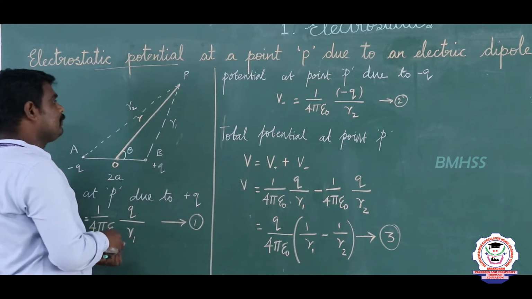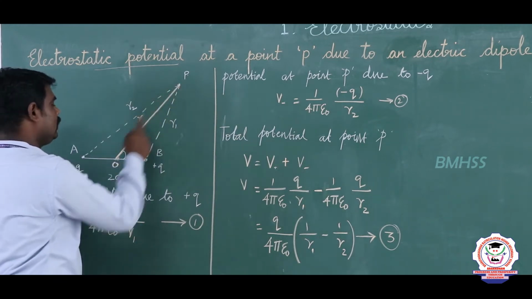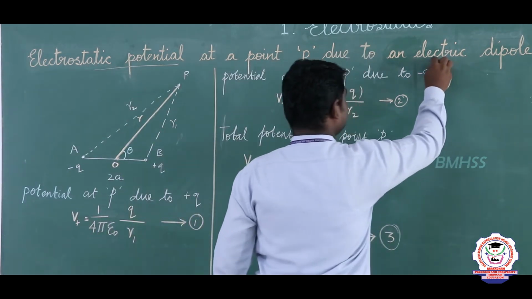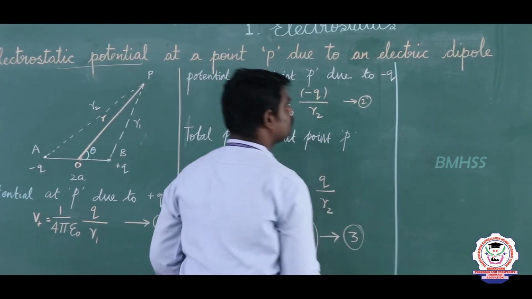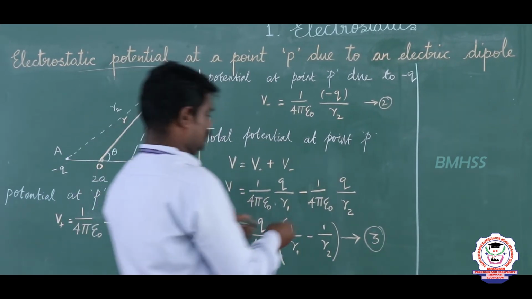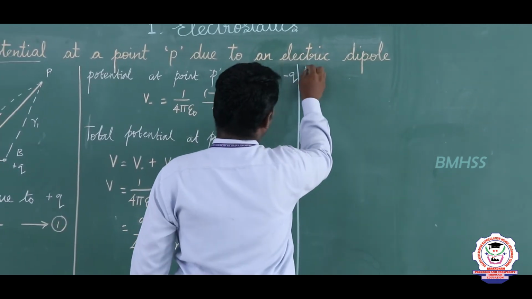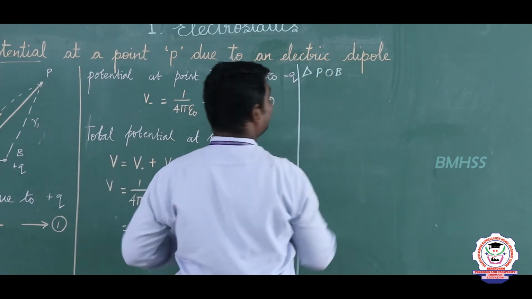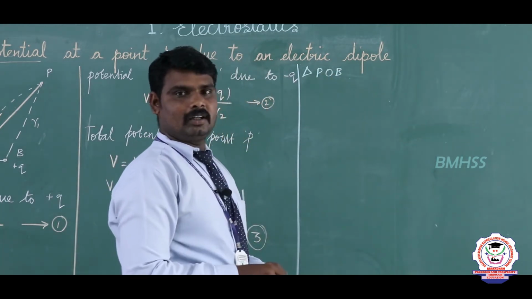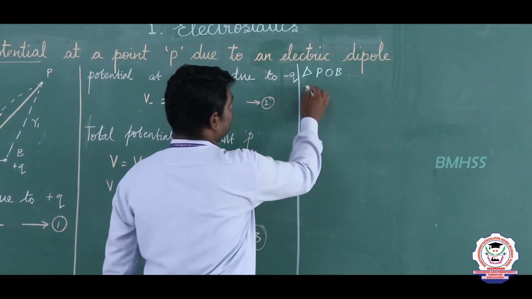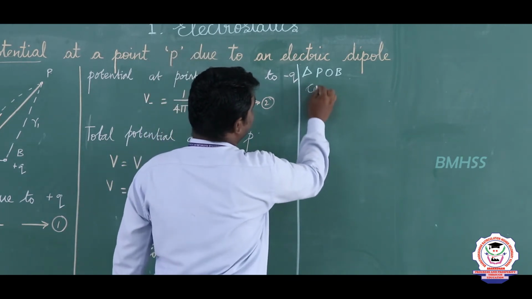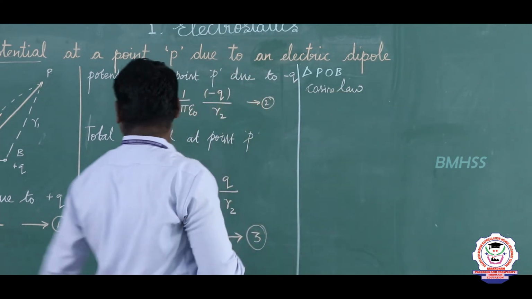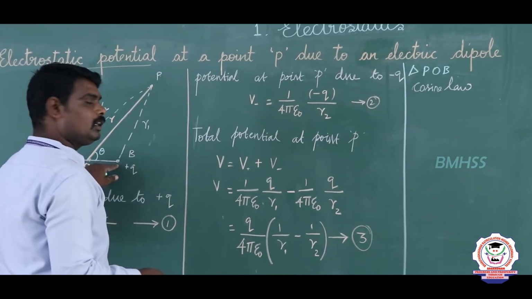Now I am taking the triangle POB, and I am using the cosine law. By applying the cosine law, what is the cosine law for this triangle?